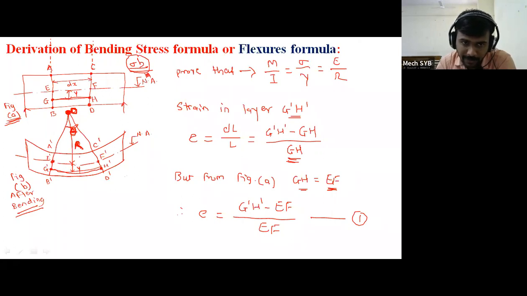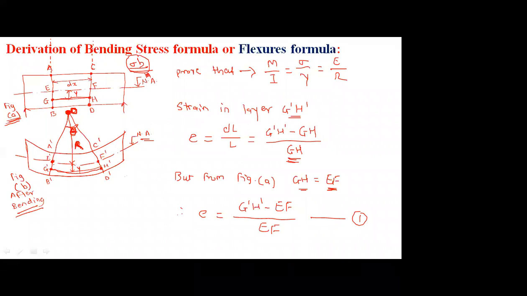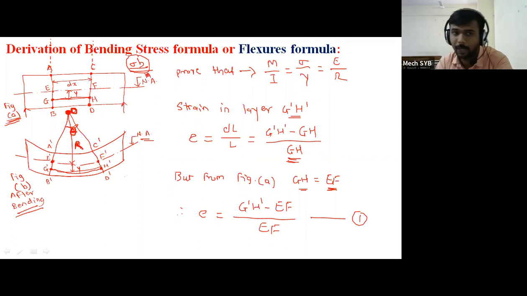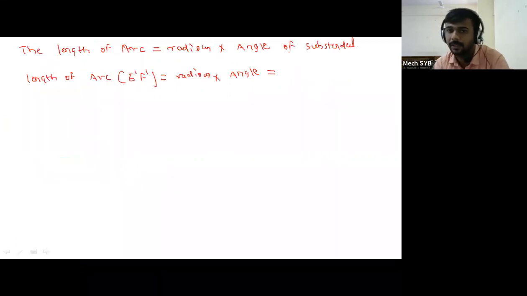Right, in figure B, where is your layer E dash F dash? It is on your neutral axis. So what is the radius of that particular arc E dash F dash from the point O? Capital R. And what is the angle subtended by that? Theta. So what I have to write here? Radius R into theta.